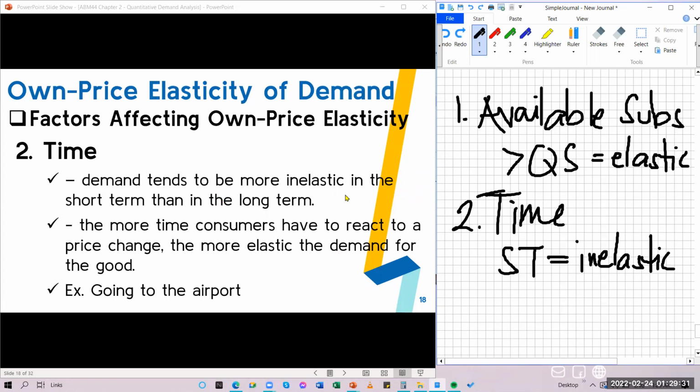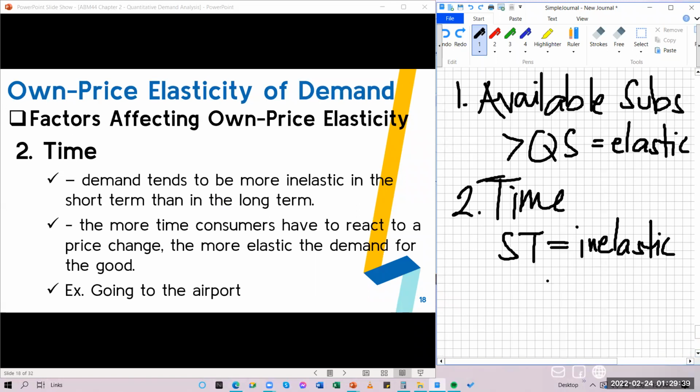Demand tends to be more inelastic in the short term. For example, short term products are easy to use or used only once, so probably the demand is not high. Given that it is short term, it is probably used only once, so probably the customer is satisfied with that.